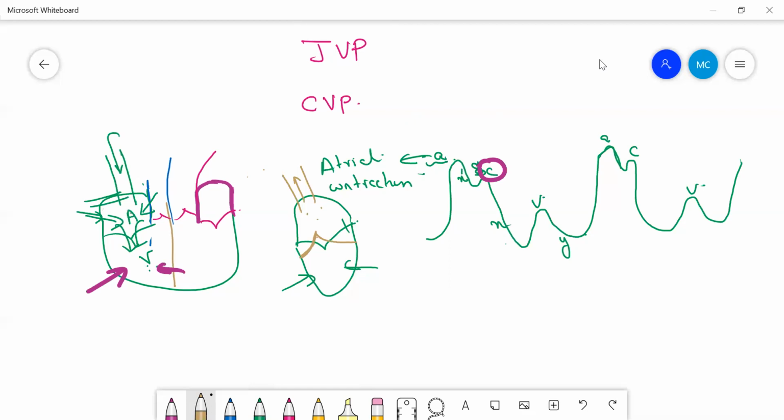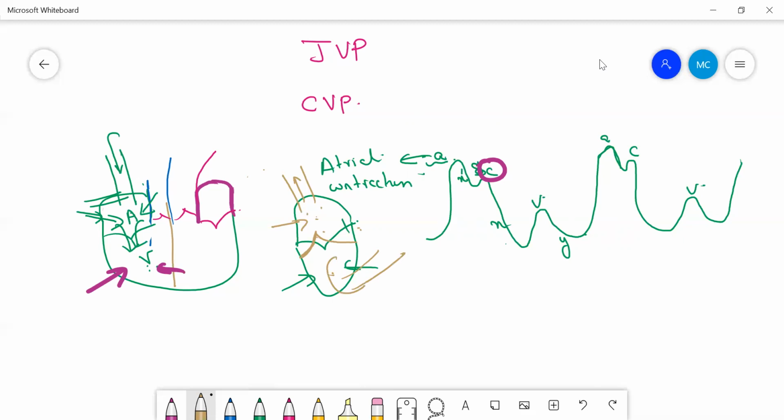Okay, so there has been atrial contraction, then there was ventricular contraction. Now what is going to occur? During this ventricular contraction, there is going to be atrial relaxation, and then there is going to be the ejection of blood during the ventricular systole. As you can see here, this is your pulmonary artery.